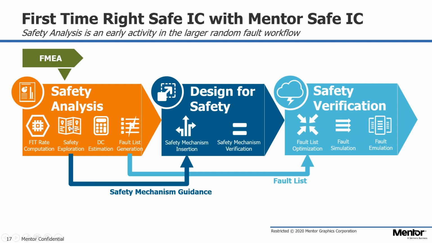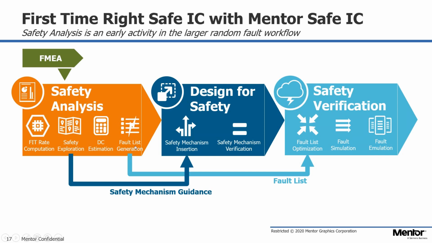So over here, this is all done on the gate level netlist. However, the real insertion takes place within this step, and then real safety mechanisms are mapped automatically into the design according to the output of the analysis. And then, as the ISO requires safety verification, this safety analysis tool also generates a fault list.